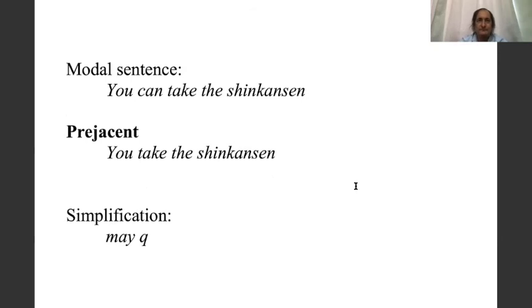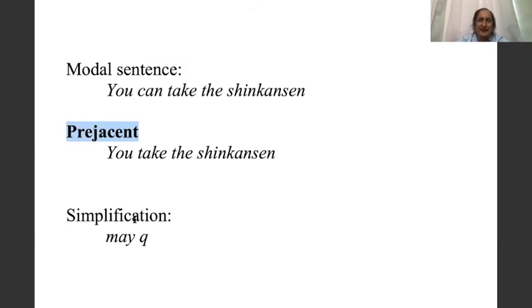We will simplify this again, and we're going to give a name to the way we're simplifying things. The sentence, you can take the Shinkansen, we're going to say combines the modal can with you take the Shinkansen. And we're going to call you take the Shinkansen the prejacent of the modal sentence.